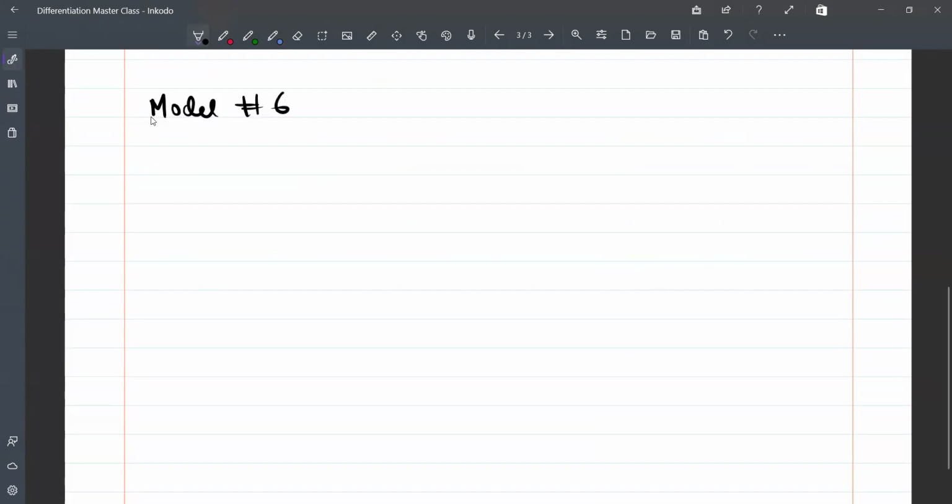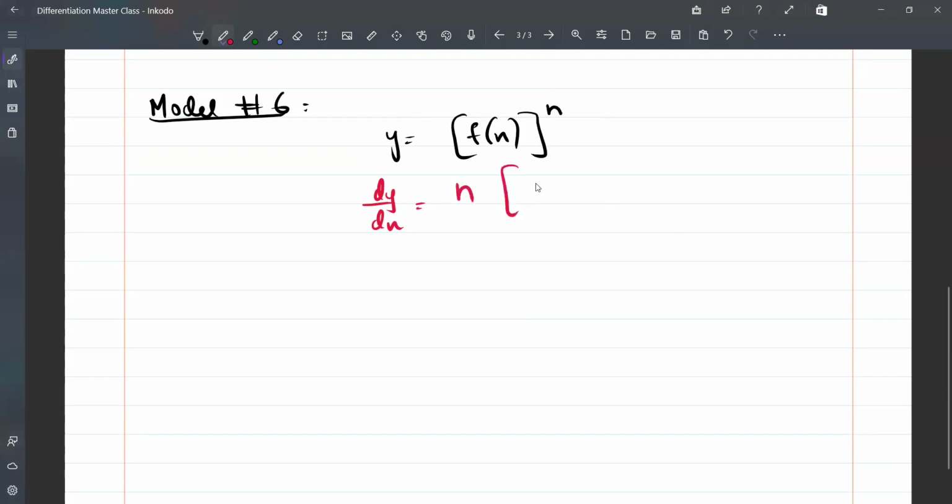Whenever we have a function f(x), and the whole thing power n, the differential of this function would be n times (f(x)) power n minus 1 into the differential of the bracket.